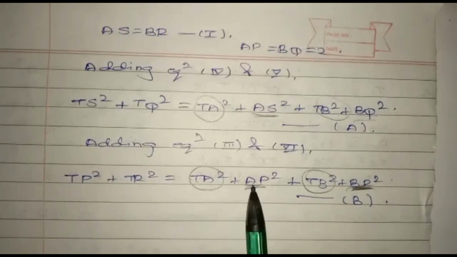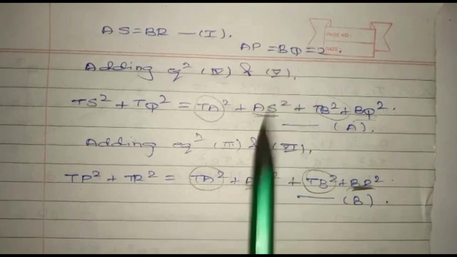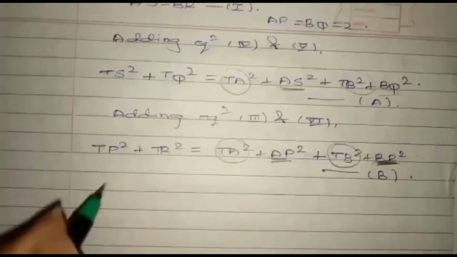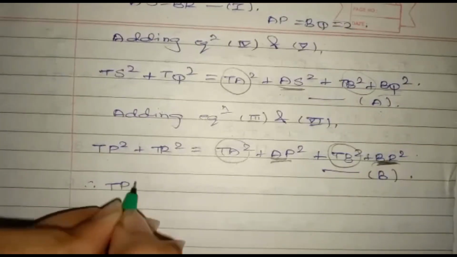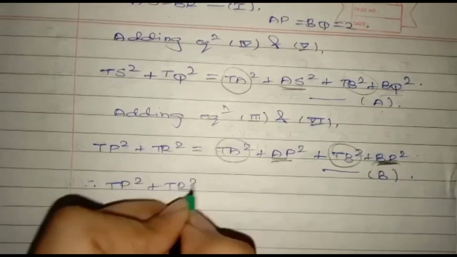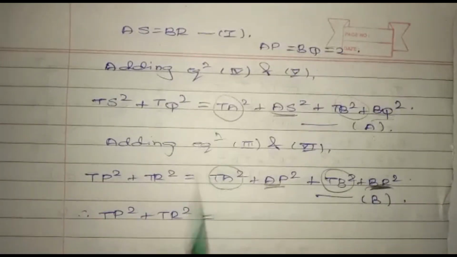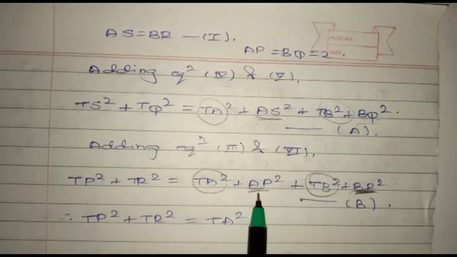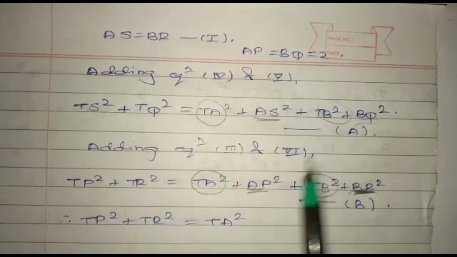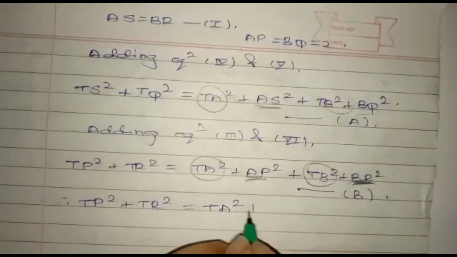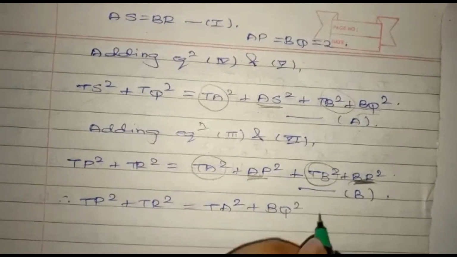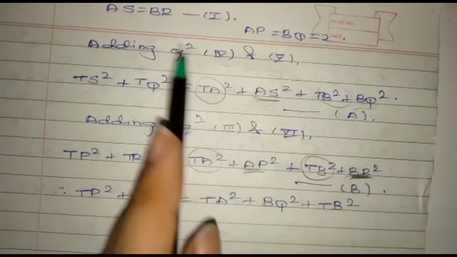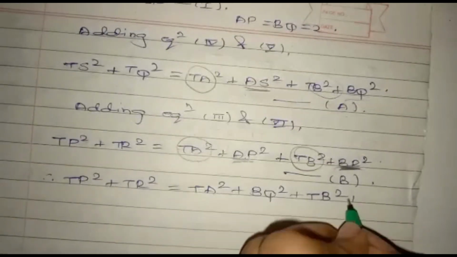So we will substitute here AP as BQ and BR as AS. Therefore TP square plus TR square is equal to TA square, plus AP we don't want, and in the place of AP we want BQ square, plus TB square as it is, and BR we want to replace as AS square.